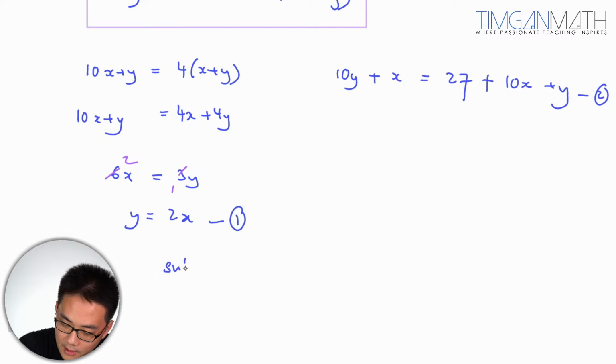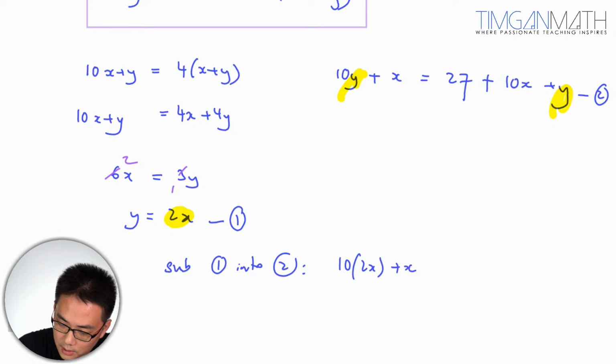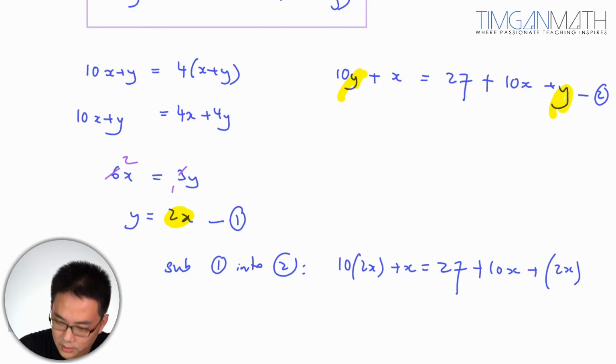Substitute 1 into 2. So y will be replaced with 2x here. Just replace it in, and we'll see what we'll get. So this will be 10 times 2x plus x equals 27 plus 10x plus 2x. Great.